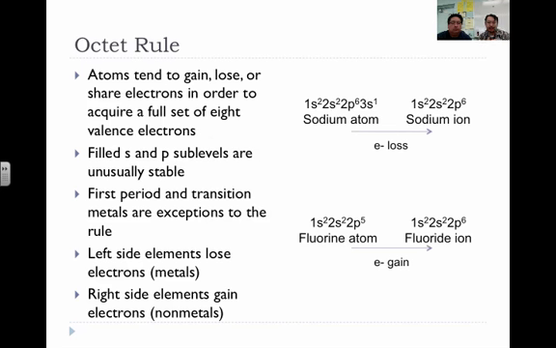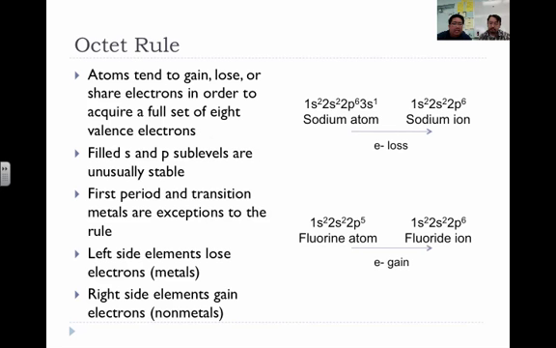And as a result, that's the most stable state for an element. So these elements are all going to try to get the most stable energy state, and they're going to either gain electrons to get to 8 or lose electrons to go to the next lower energy level, which has 8.